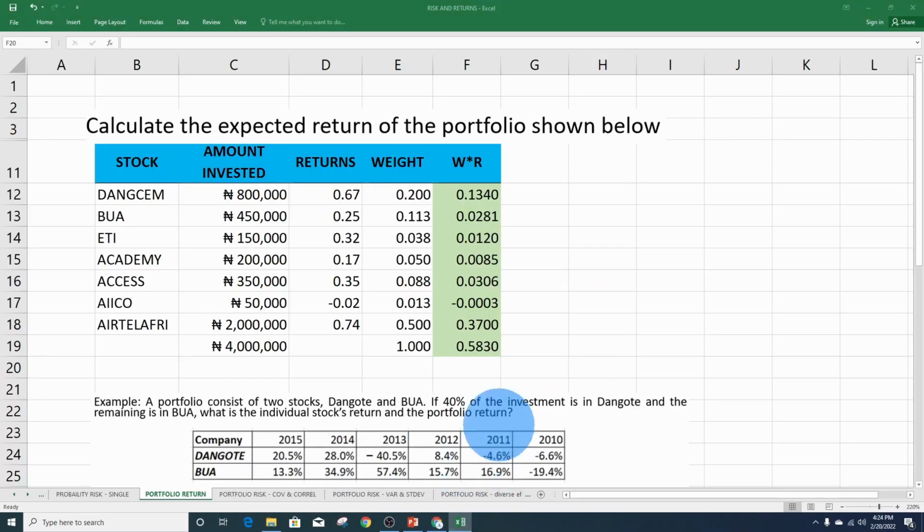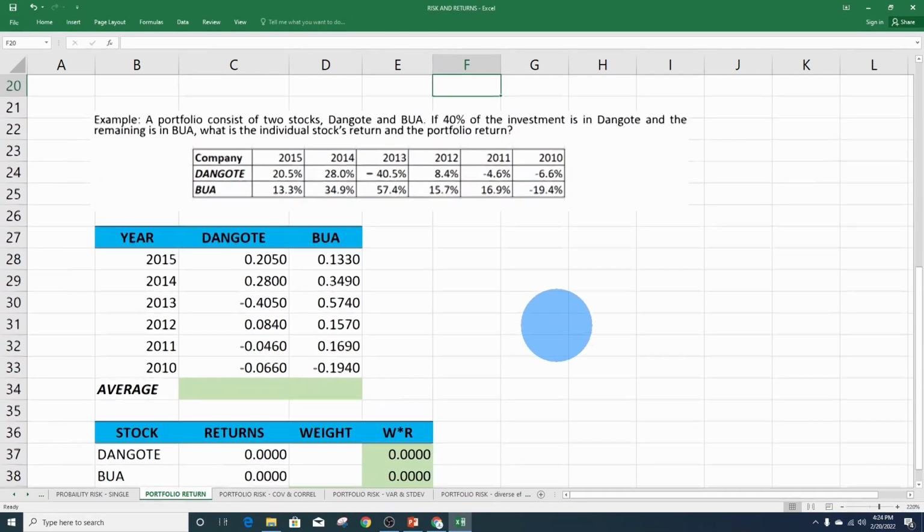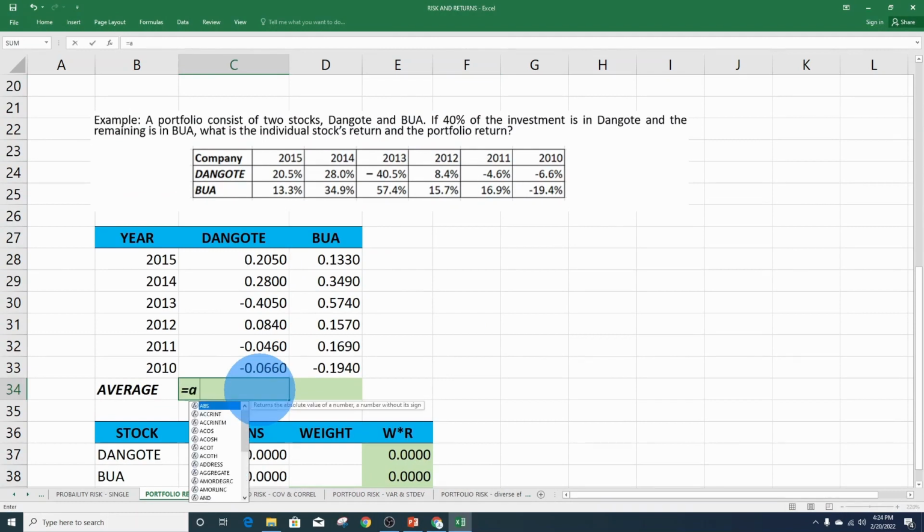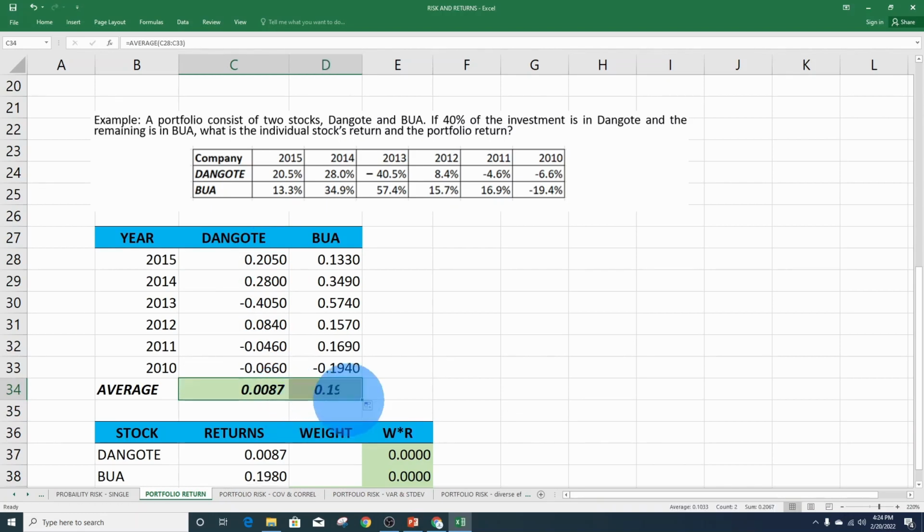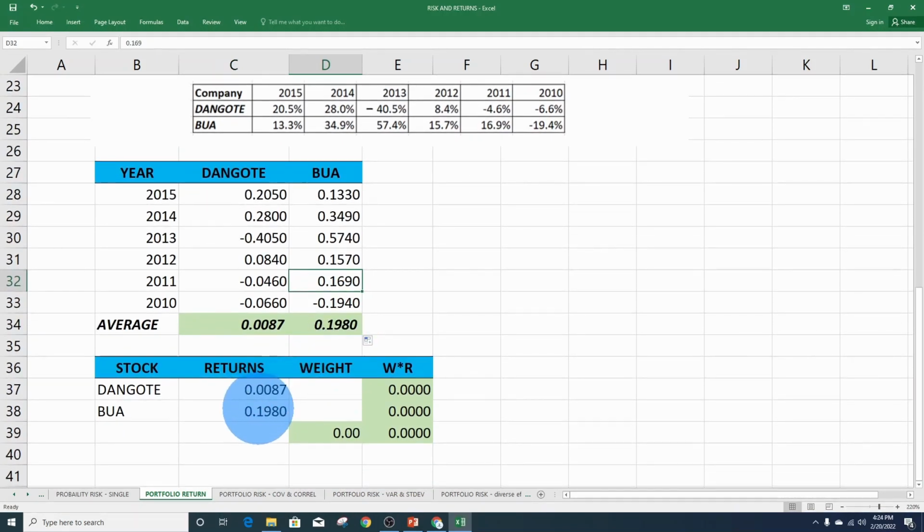So if we go to our Excel, you can see the value. To get the return for each of them, we use the average function, equal average of this, enter. So that is the value. Then we can just copy it here, relative referencing, that is the value. So they are down here automatically.